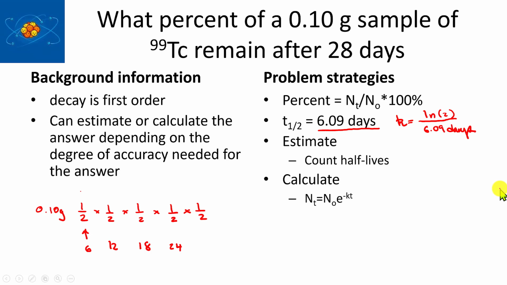Then I'm going to say N_t over N_0 is equal to e to the minus kt, and what I'll be putting into this is e to the minus natural log of 2 over 6.09 days times 28 days.